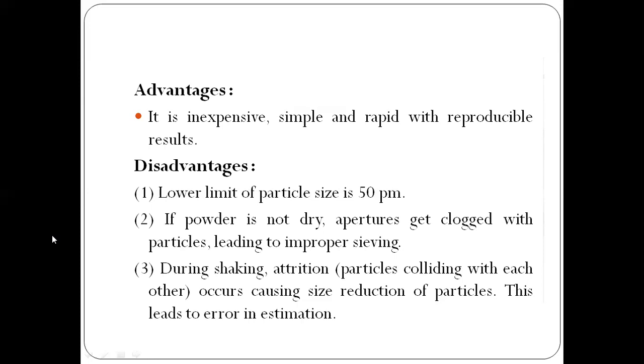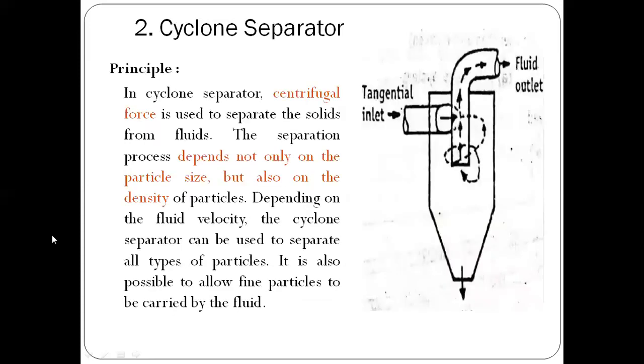During the shaking, attrition occurs, with particles colliding with each other, causing size reduction of the particles, and this leads to error in the estimation. Next equipment is the cyclone separator.